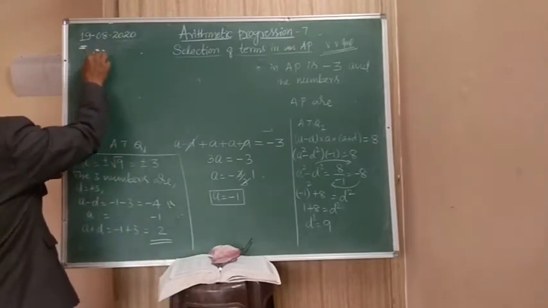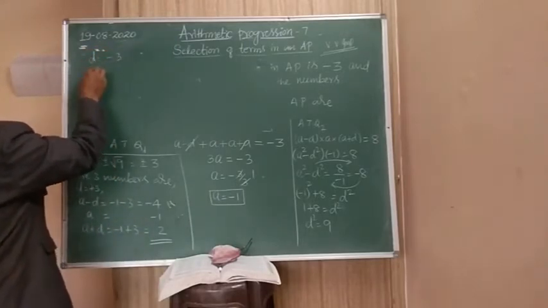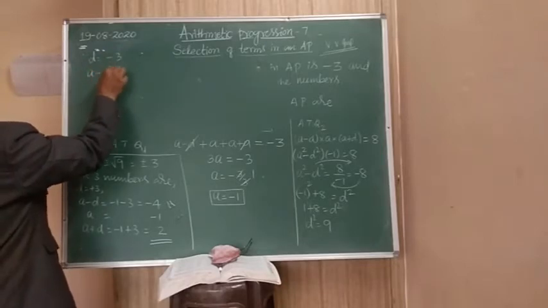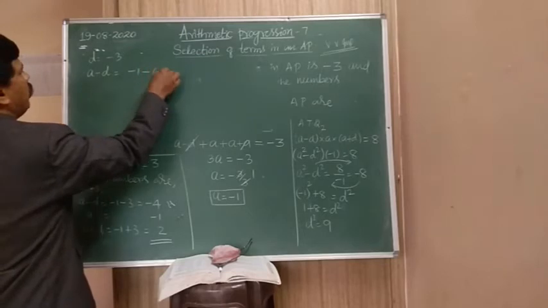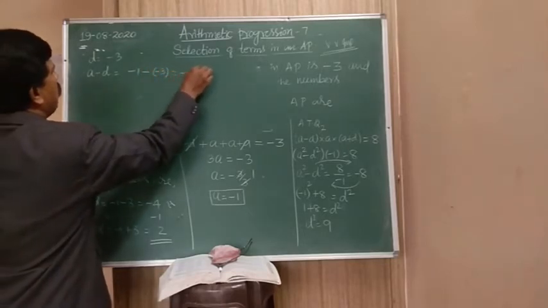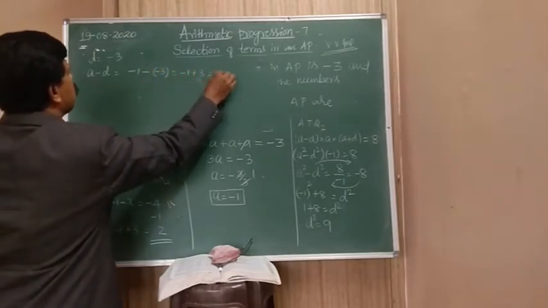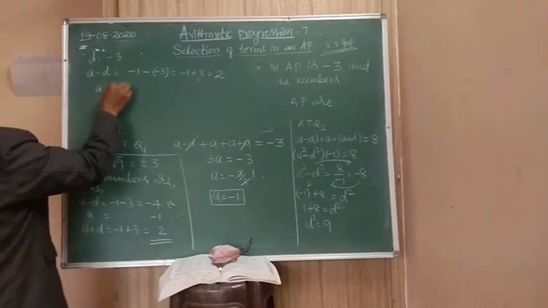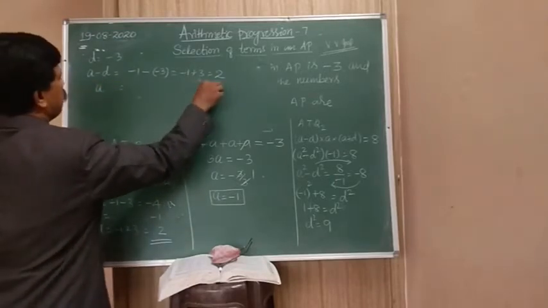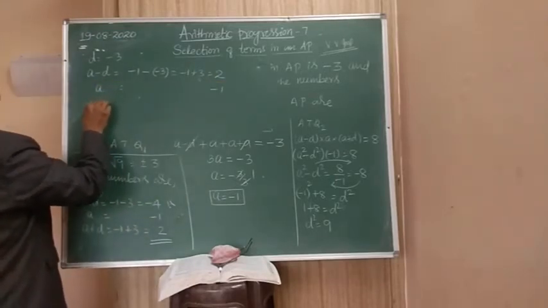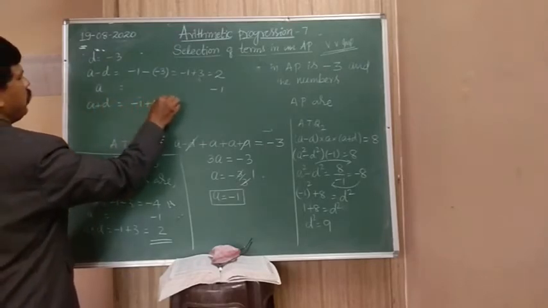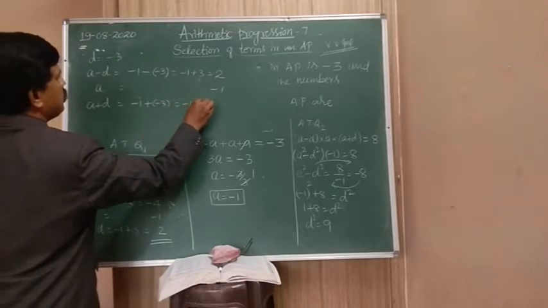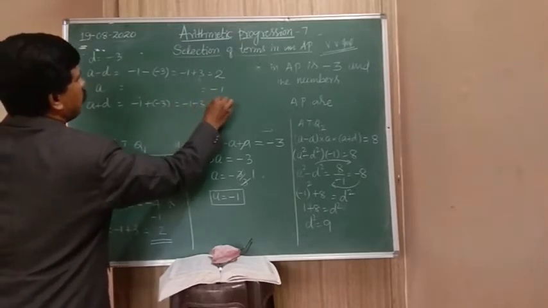Now D is equal to -3, then A minus D is equal to -1 minus of -3, that is -1 plus 3, which is 2. Then A is equal to -1 and A plus D is equal to -1 plus of -3, that is -1 minus 3, which is -4.